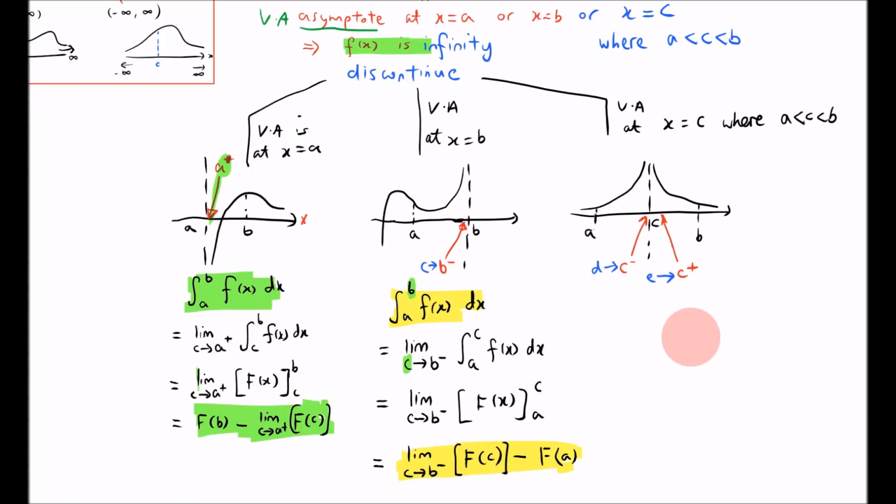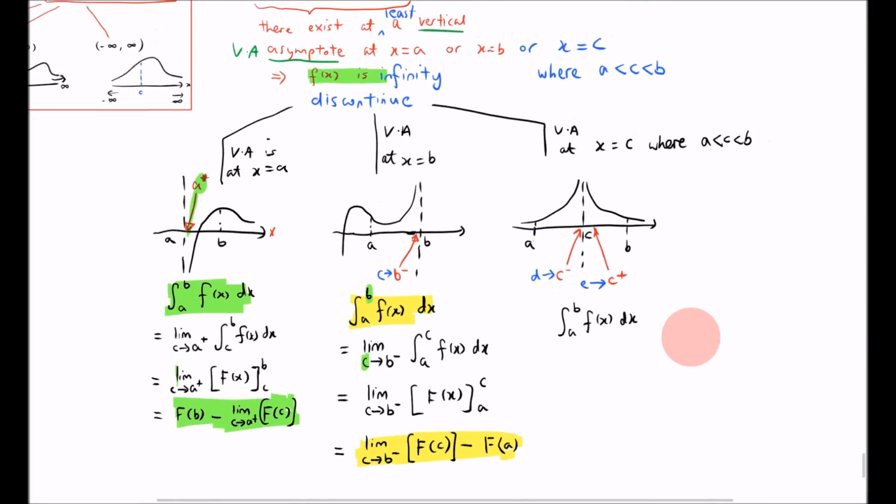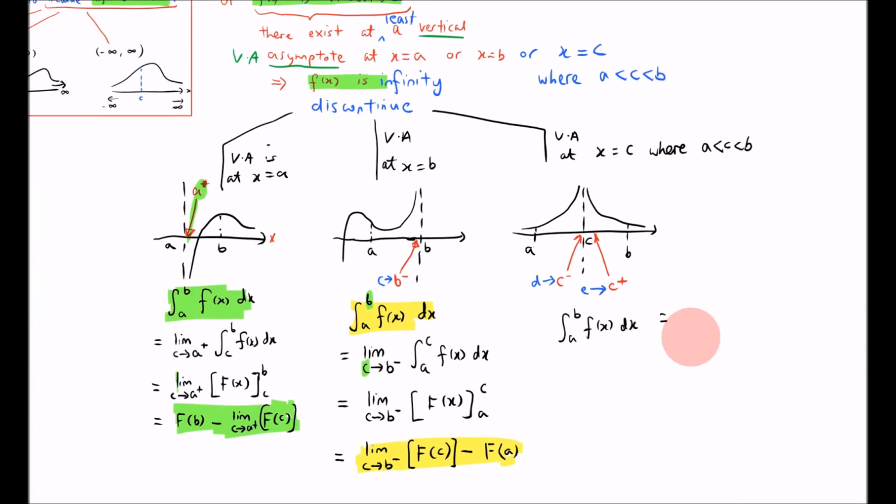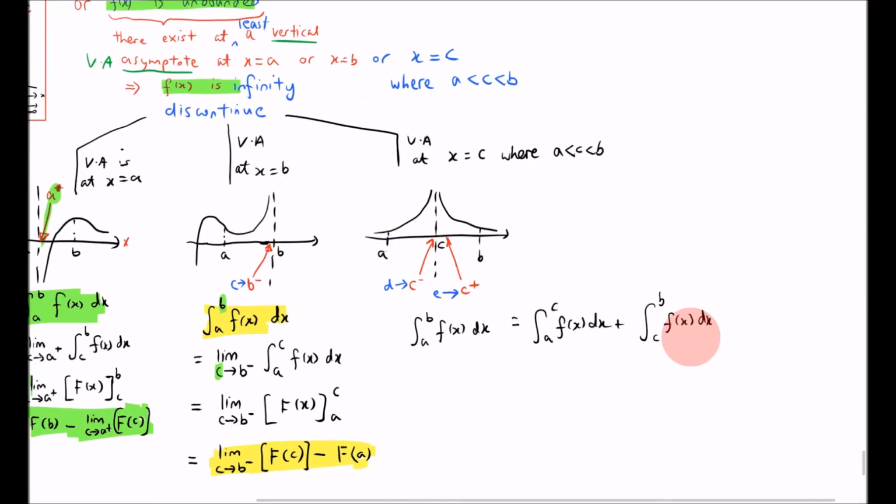So now, how do we represent the improper integration? We say integrate a to b f(x) dx. So we broke it into two parts, from a to c and then from c to b. So we say it's equal to a to c, and then from c to b. Okay, so I'll concentrate on this.